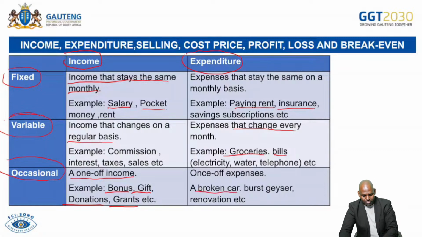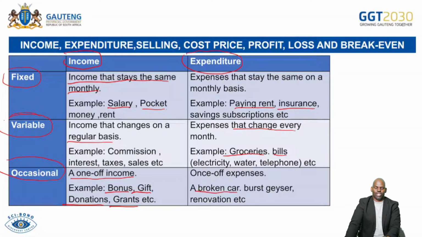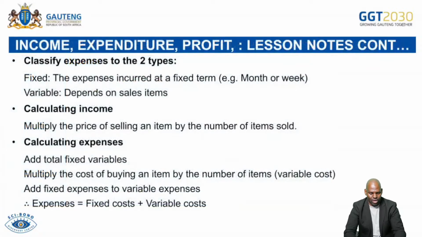So in this case we say it's an occasional expenditure. If a car breaks, it will be an unexpected expense, an occasional expense. If a geyser bursts, that is also an occasional expenditure, which is a once-off expense.